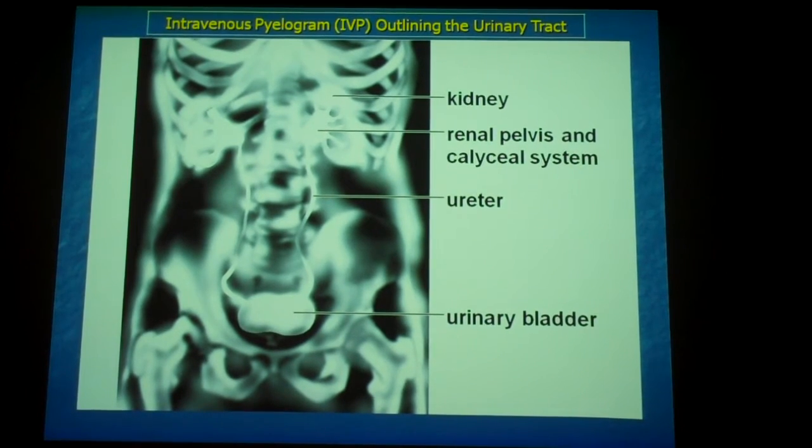And the contrast medium now is being excreted into the calyceal system. You see the minor calyces right here? In the major calyces, renal pelvis, and down the ureter into the bladder. And both sides are showing up sort of equally here. So this is a later film in the series, and it's basically showing you two normal kidneys here.